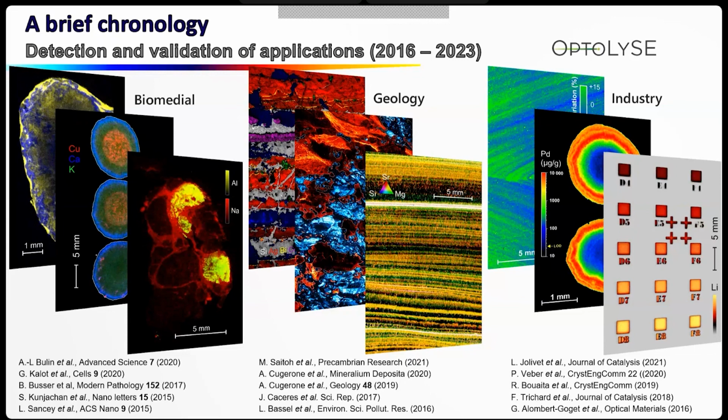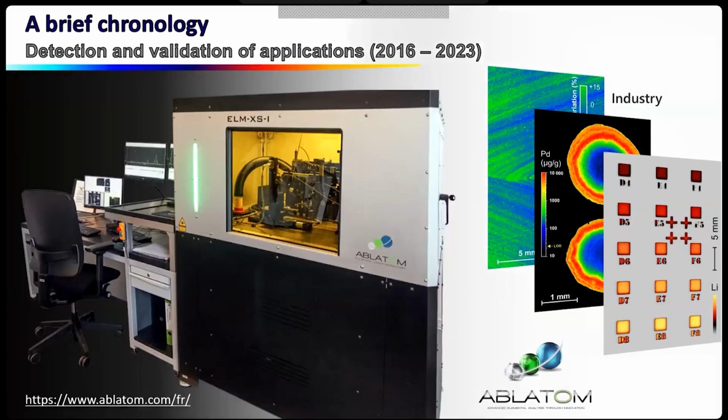We also got some money from the region to create a platform named Optolyse, and there is also a part of Optolyse here in Hubert-Curien. We also created a startup, Ablatom, in 2017.